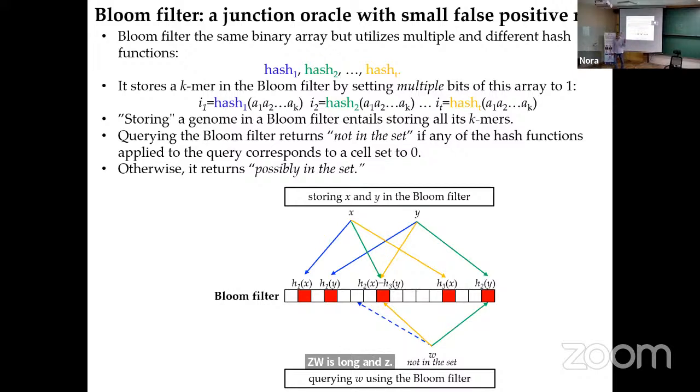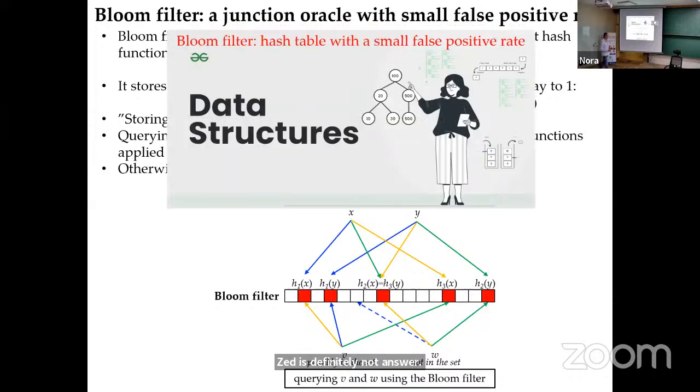So W does not belong to our set. And V, since all three elements are red, possibly belongs to our set. So the table says either that the element is definitely not in the set or returns possibly in the set.